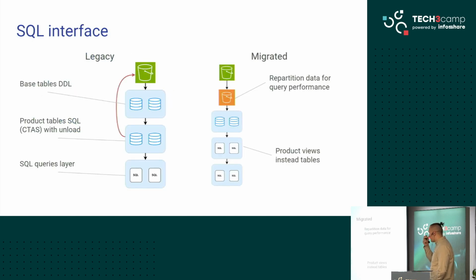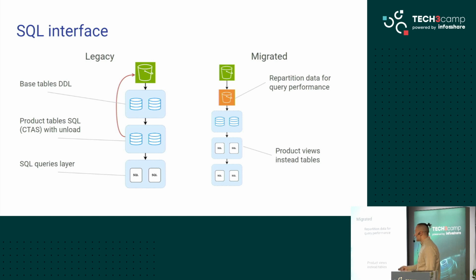Let's look a bit closer at this SQL interface. Well, the base solution looks like this. Files on S3 had base table definitions created on top of them. Then there is another layer of tables based on different business queries, also implemented in a materialized way with an unload process.